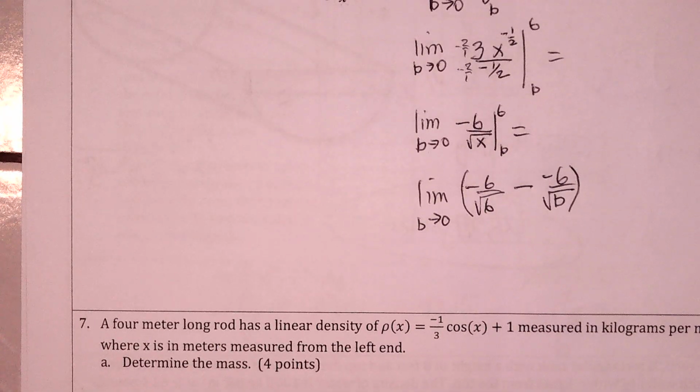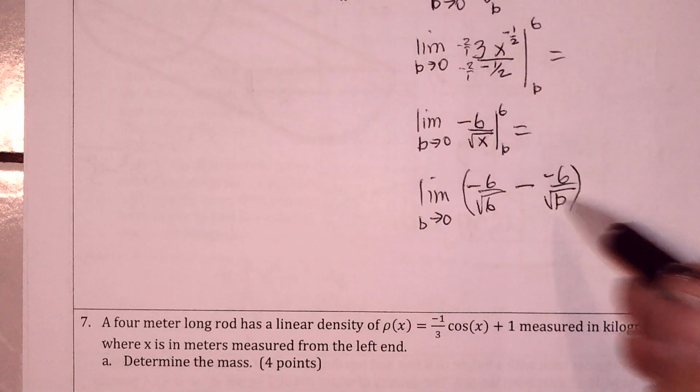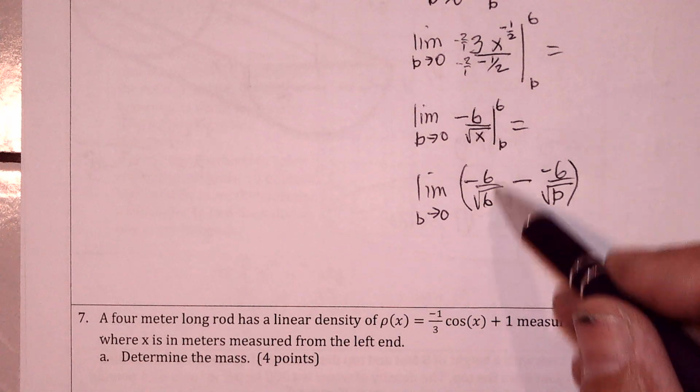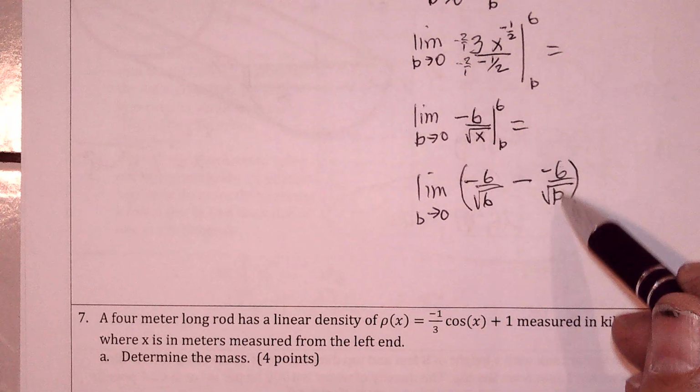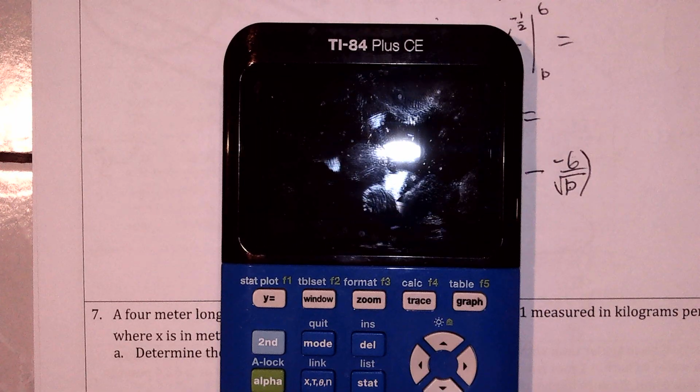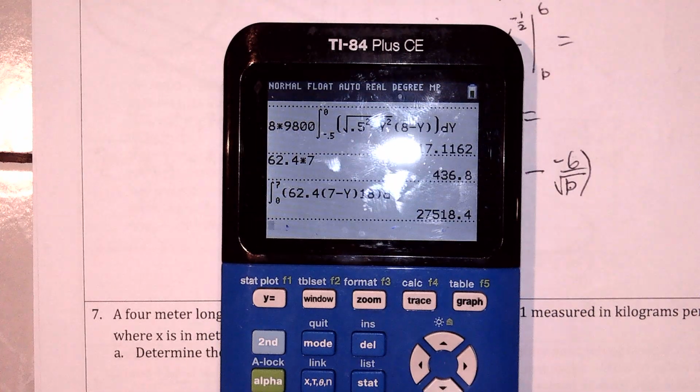And if you're not sure what happens, this is the b. 6's and b look a lot alike. I need to know this is just a number. I need to know what happens to this as b gets close to 0. If you're not sure, graph it.